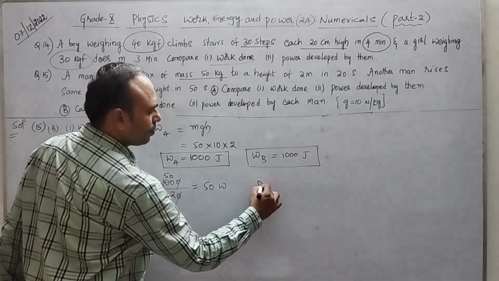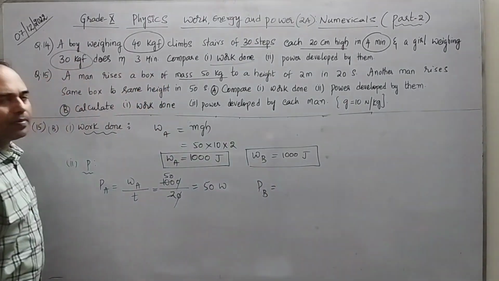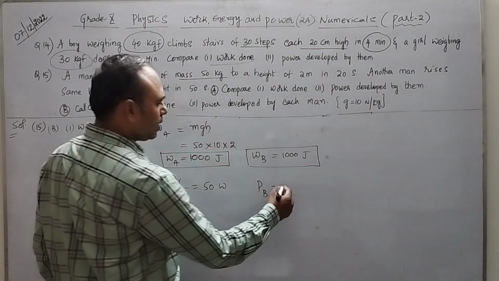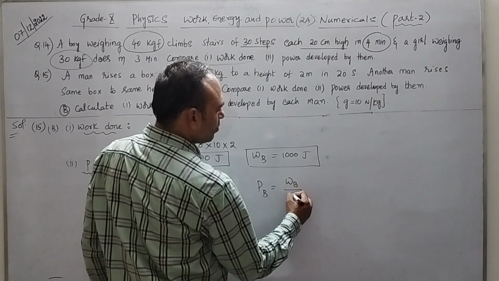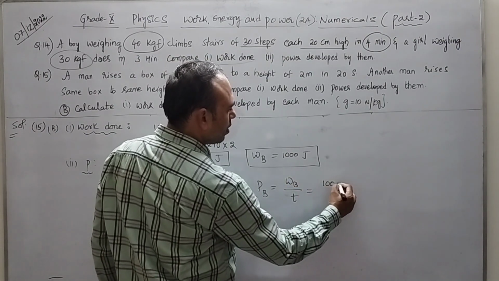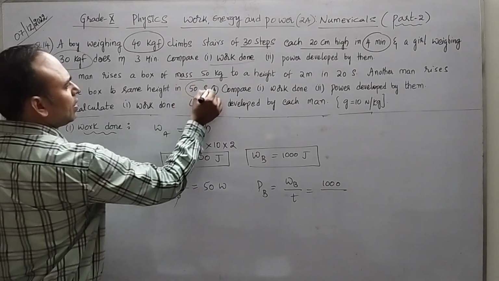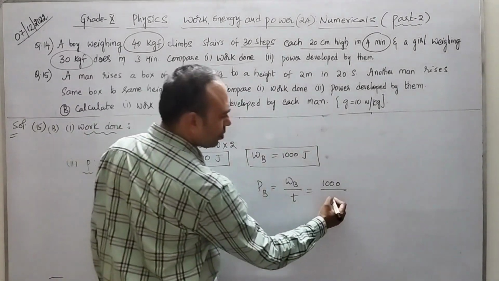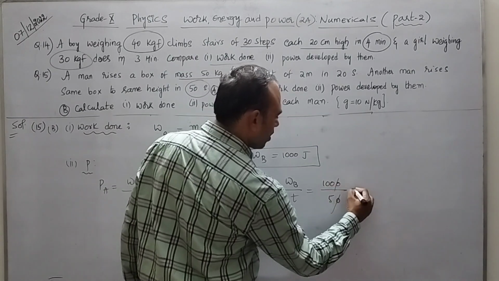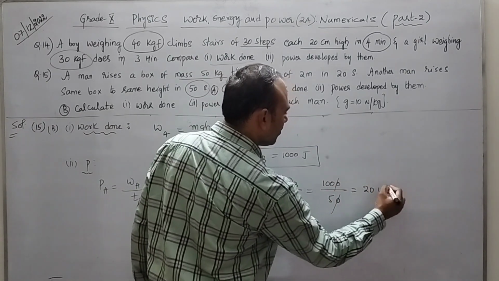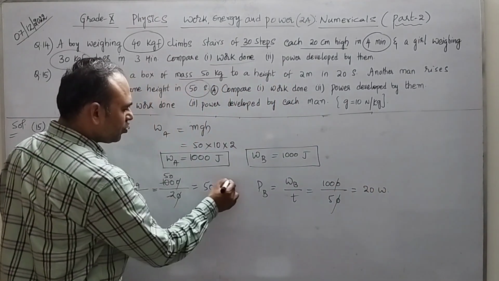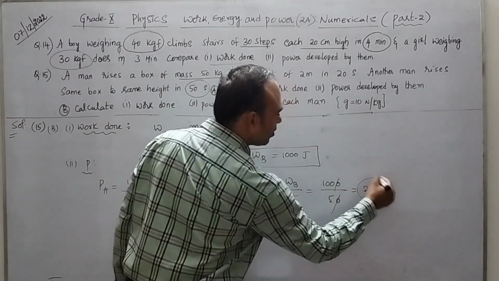Second one, the power developed by person B is again work done by time. Work done is 1000, and how much time has he taken? He has taken 50 seconds. Nothing but 20 watt. Hope you have understood. This is 50 and this is 20 watt.